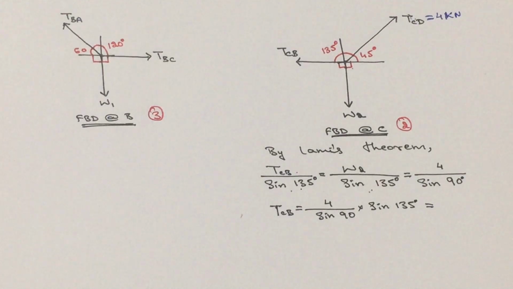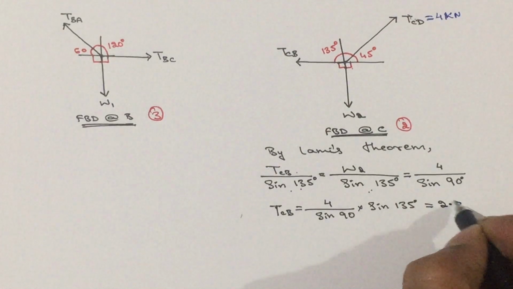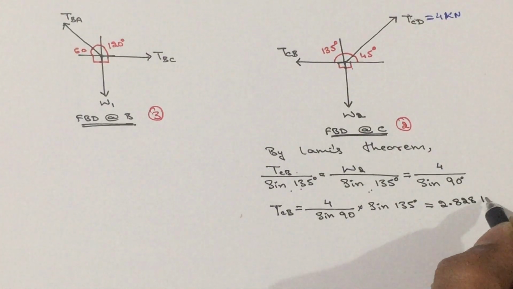If we calculate, TCB you are going to get as 2.828 kilonewton.